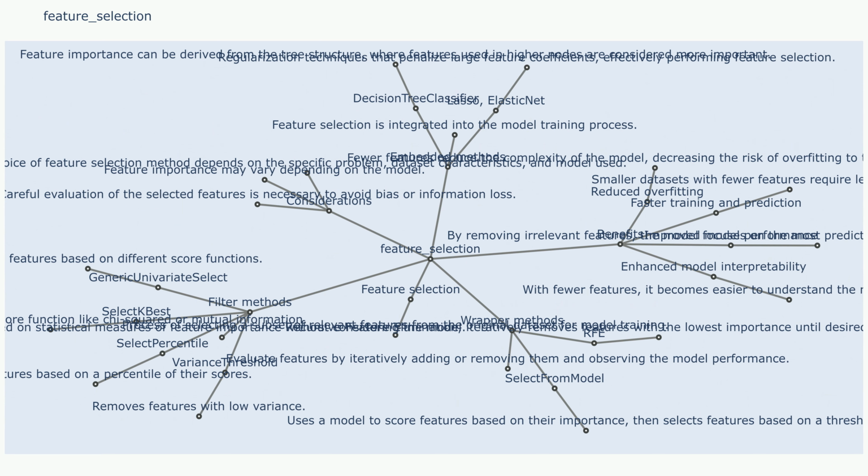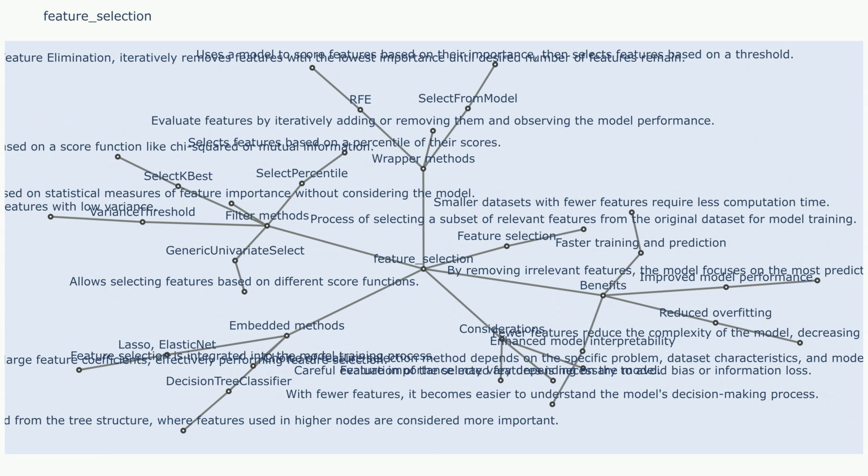The SelectPercentile class selects a specific percentage of features based on their score. The RFE class implements recursive feature elimination using a chosen model. The SelectFromModel class selects features based on the importance scores learned by a model, e.g., lasso, random forest.